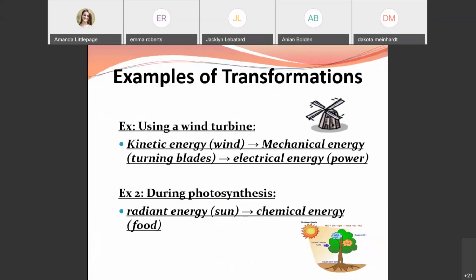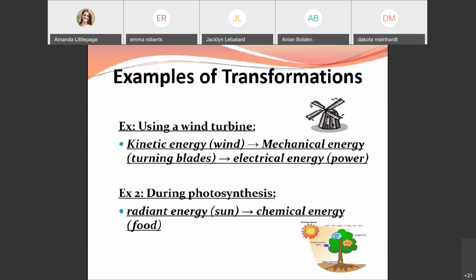So let's think about a wind turbine. Depending on where you live in the United States, some of the energy that you use as a citizen may come from a wind turbine. They're pretty common in the Midwest where there's a lot of wind. So what happens is that the movement of the wind in the form of kinetic energy causes the blades on the wind turbine to spin.